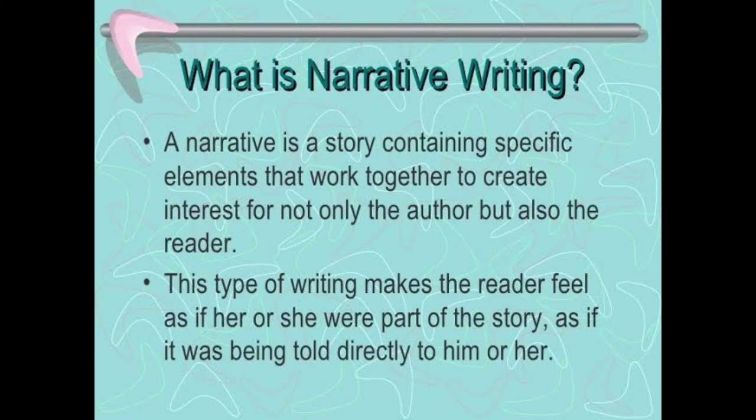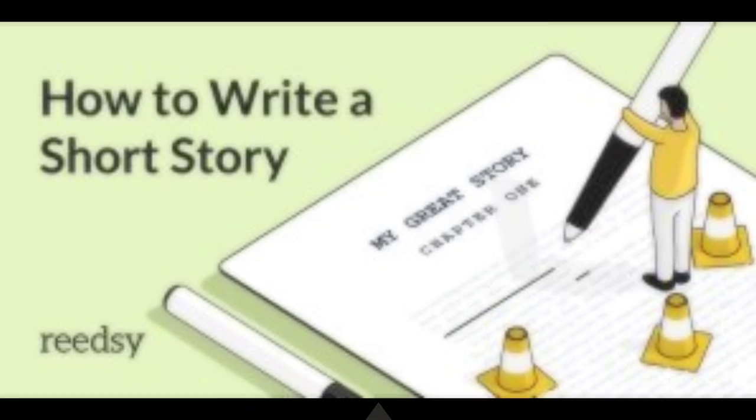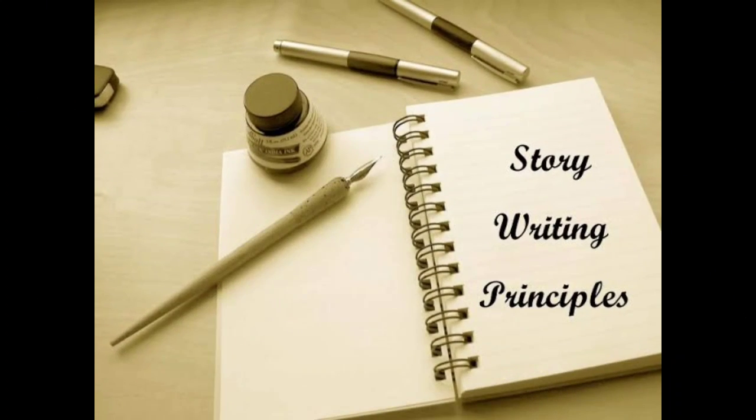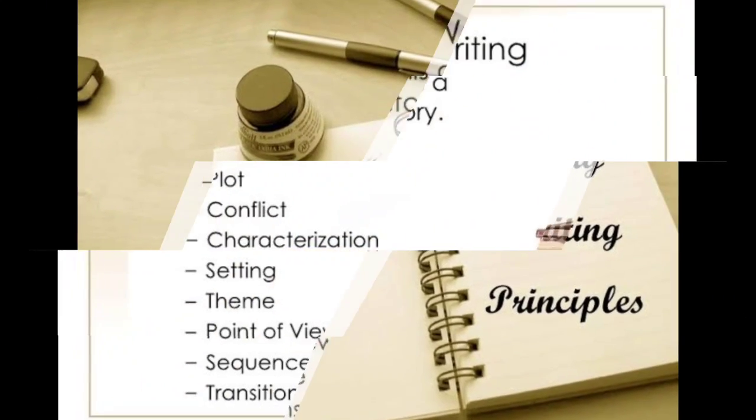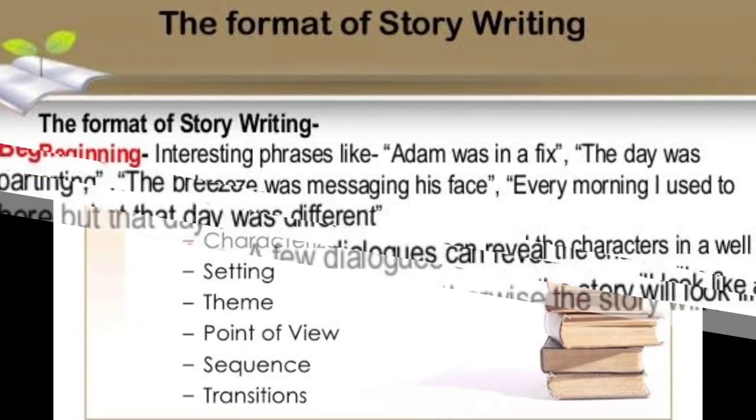So, children, that's it from the definition. Let's see how to write a story and the principles of story writing. Story writing, that is narrative writing, tells a story or part of a story, and contains plot, conflict, characterization, setting, theme, point of view, sequence, and transitions.